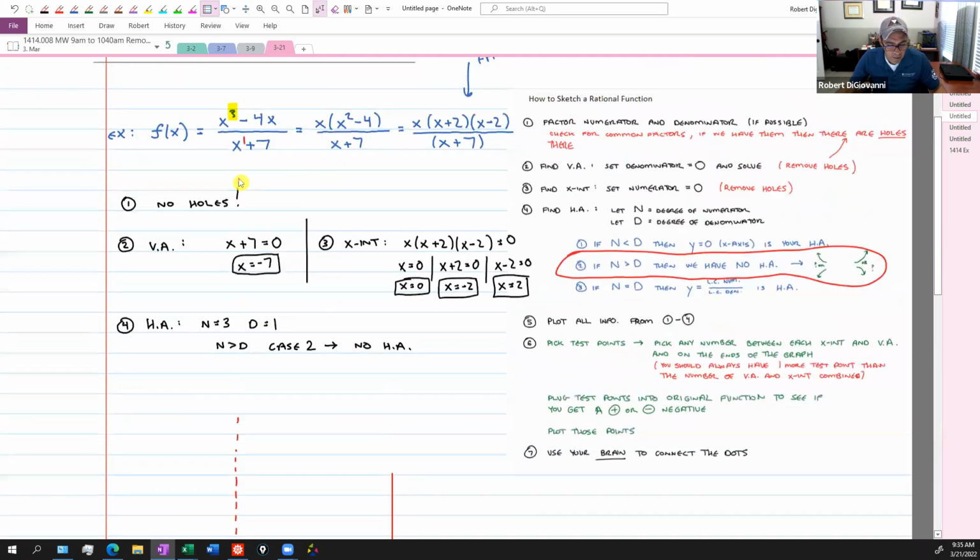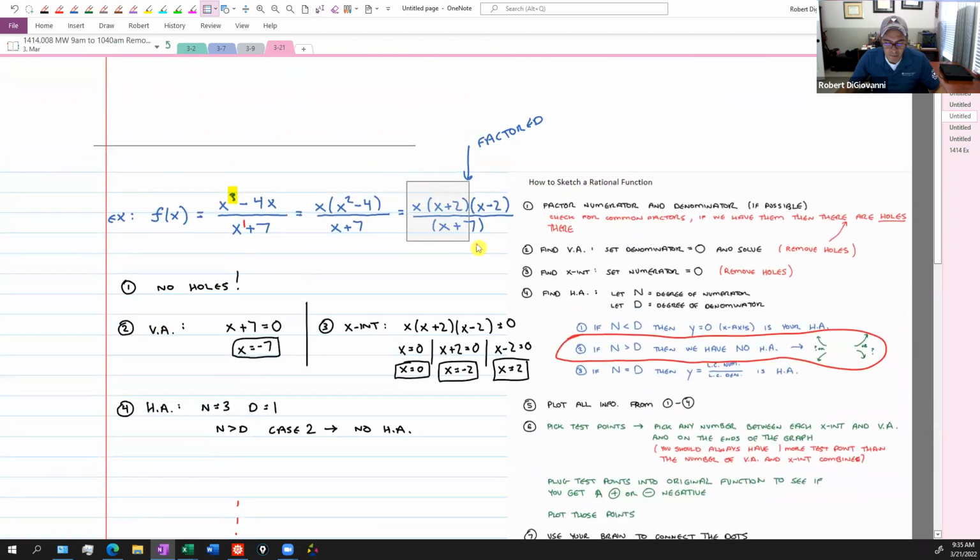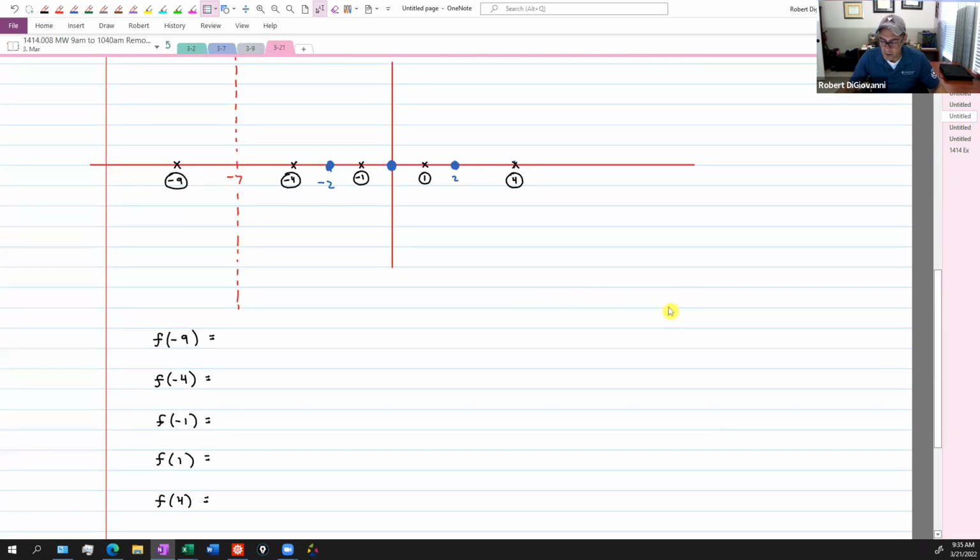Okay, so I need to go grab the function. I'm going to grab just the factored form of the function right here. I'm going to slap it over here. And now I'm going to start asking myself what happens when I plug in -9. When I say I'm plugging in -9, I'm going to go first right here. -9 by itself is just -9. That's a negative number. Times, okay, -9 plus 2 is still negative. Times, now -9 take away 2 is -11.